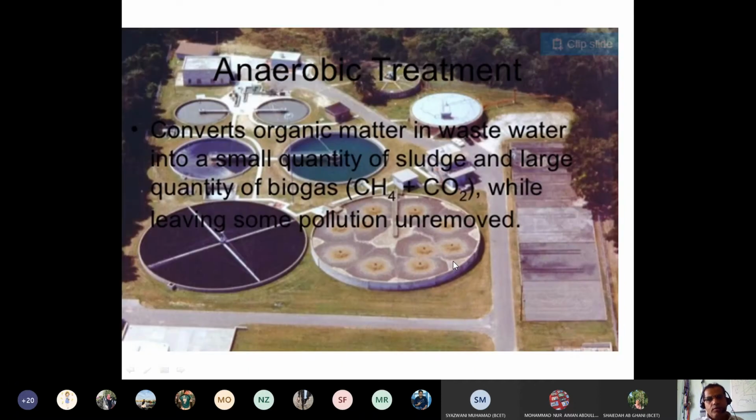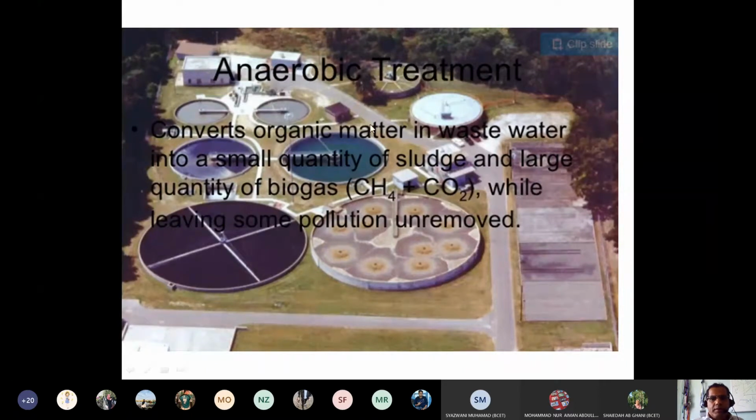Another thing is anaerobic treatment, which converts organic matter in wastewater. The bacteria will not be aerobic, they will be anaerobic. We will talk later about palm oil waste in more detail.